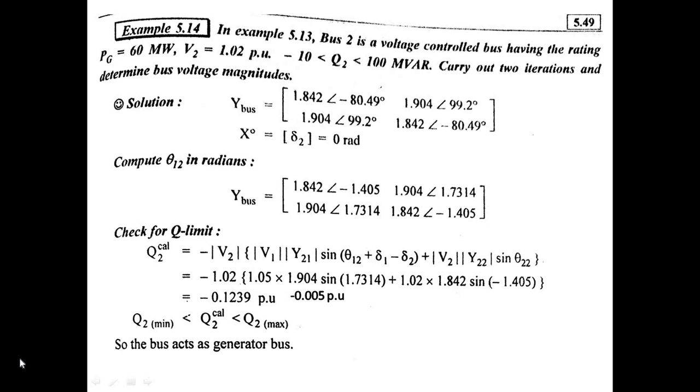Solution: Y bus equal to 1.842 phase angle minus 80.49, 1.904 angle 99.2, then 1.904 angle 99.2, 1.842 angle minus 80.49. Then the phase angle is equal to 0. Then compute angle 12 in radians.